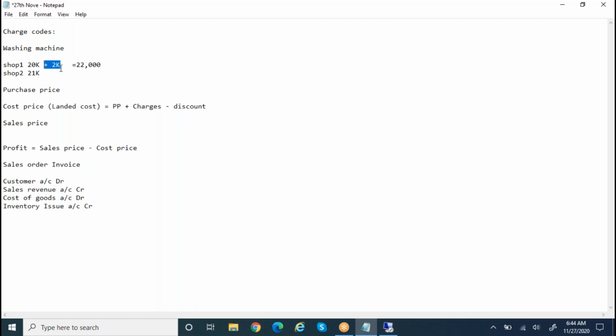In the same manner, in a real-time scenario also, we need to arrive at this cost price. This is the vendor price. The price to reach my office or my home, my premises, whatever it may be, what is the cost? That is the cost price. Business people use the word landed cost. So along with the purchase price, I need to calculate charges.